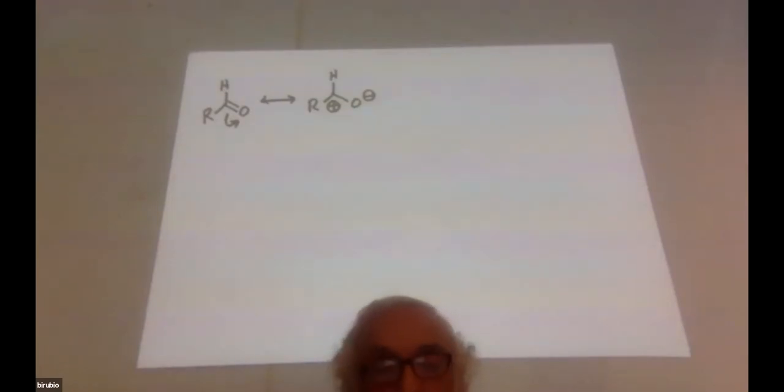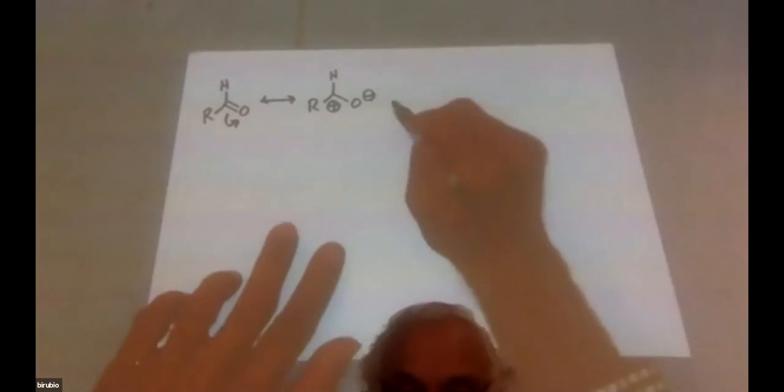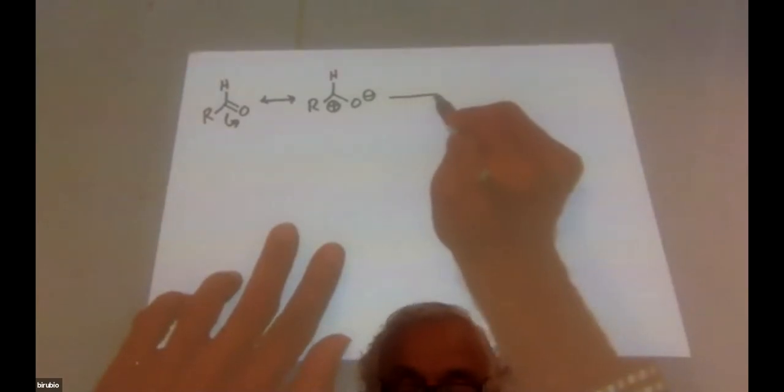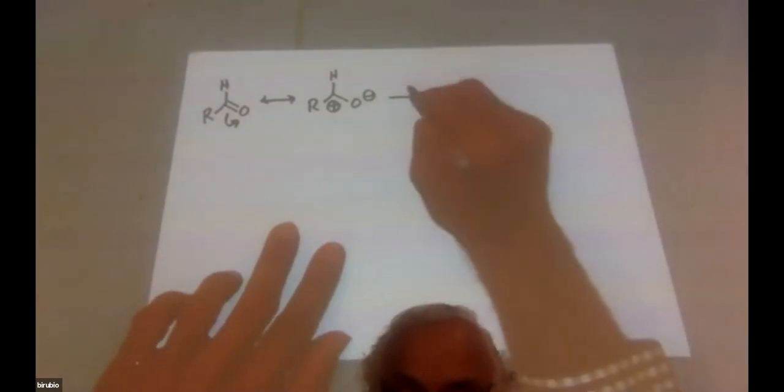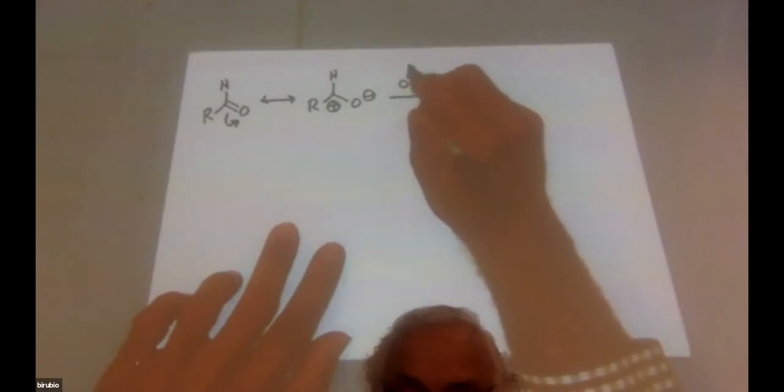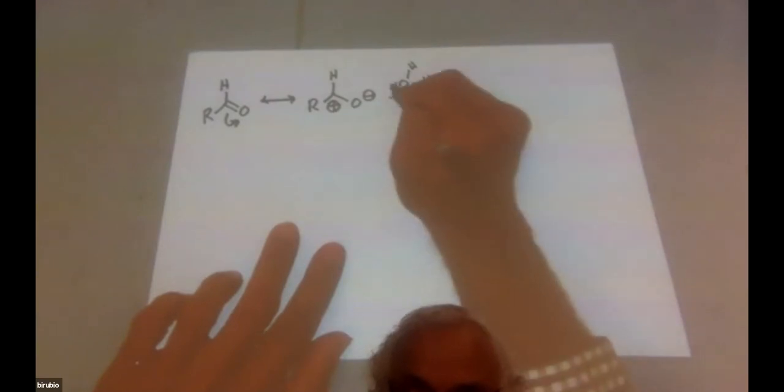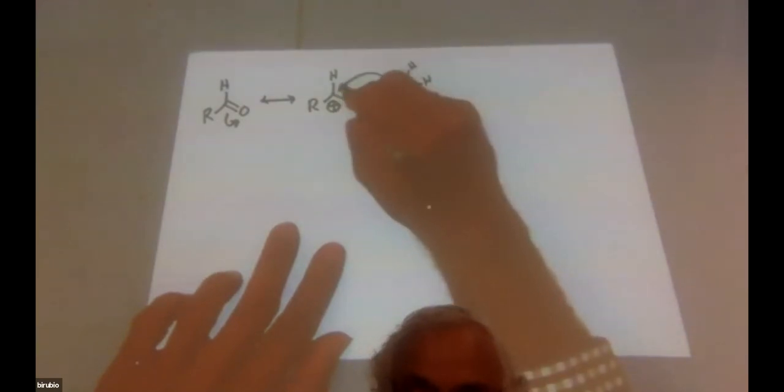It is electron deficient. It's electron poor. It can be attacked by nucleophiles. And one of the nucleophiles that we have in this Jones reagent is water. So that's what happens next. So we're finishing up this mechanism, writing the steps, showing how this aldehyde gets converted to a carboxylic acid.